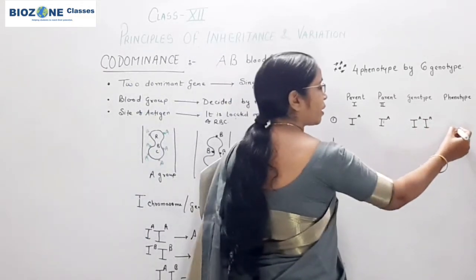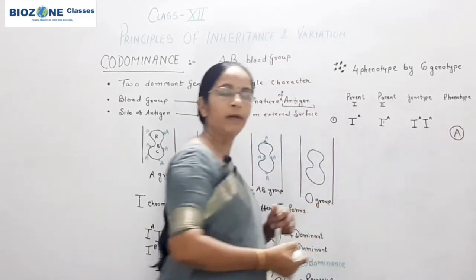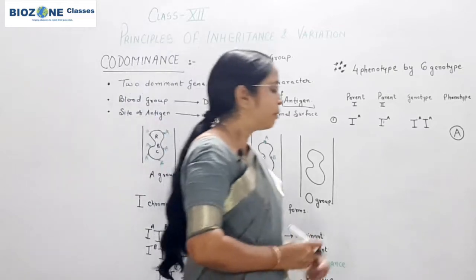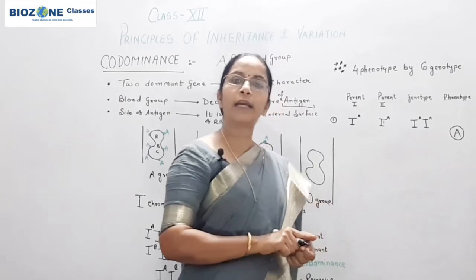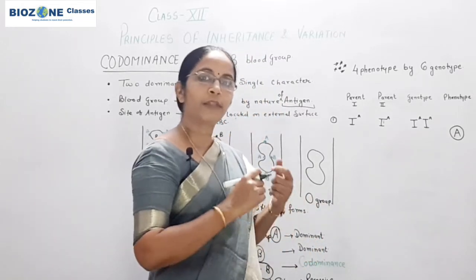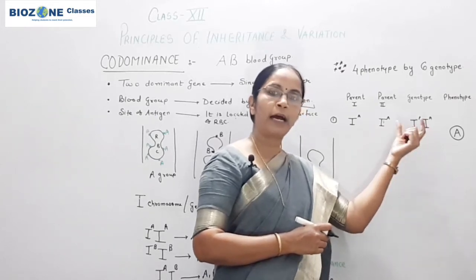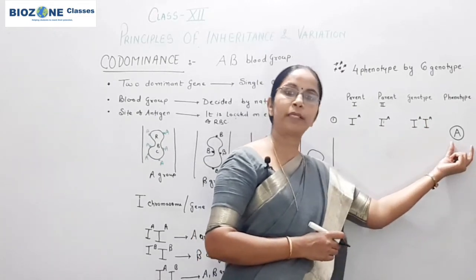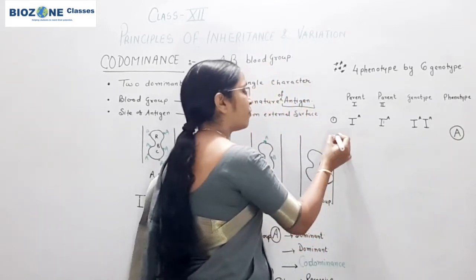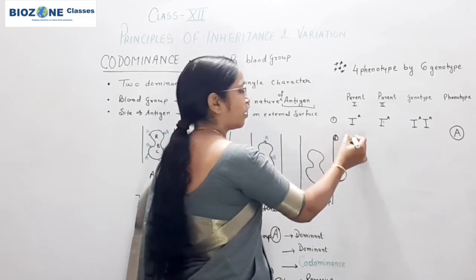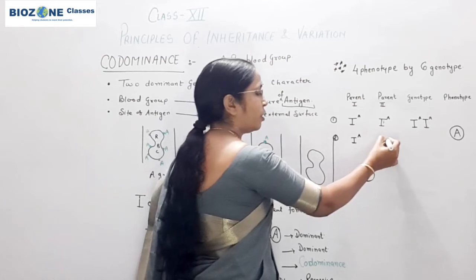In this condition, the phenotype, meaning the blood group, is A. When the genotype is IA homozygous, the blood group is A, and the blood group is actually the phenotype.